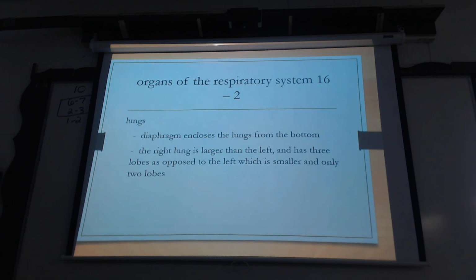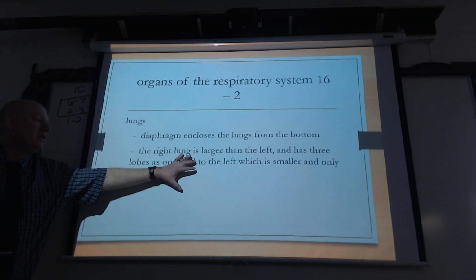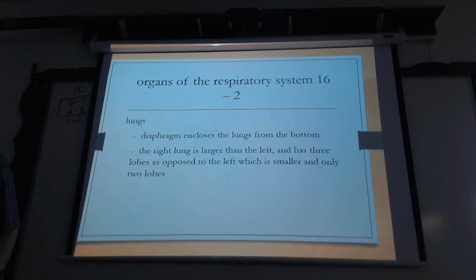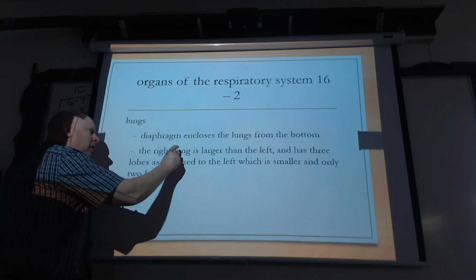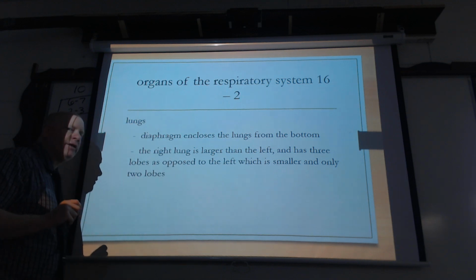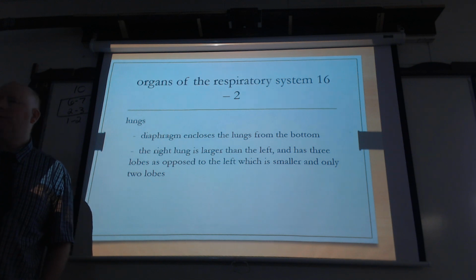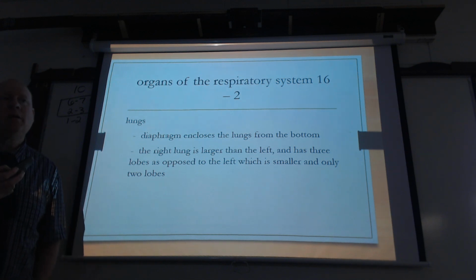Now, it says that it's smaller, but it's one of those aspects I don't think you'd be able to tell by just, in general, looking at it. But if that is the case, again, why is the right lung slightly larger than the left? It's because of how it sits in the mediastinum.